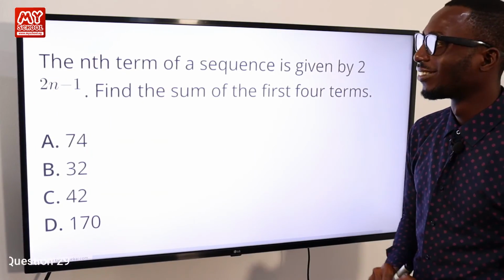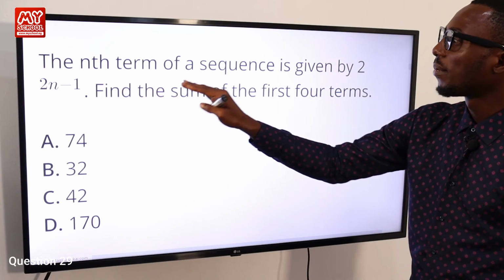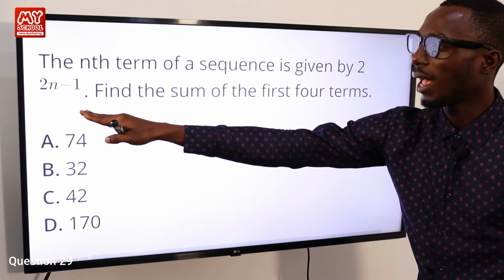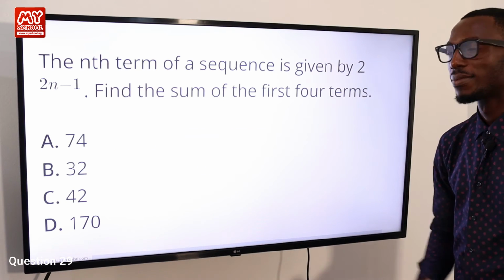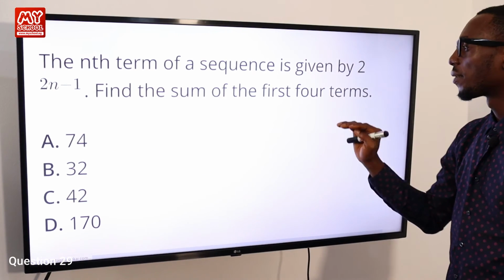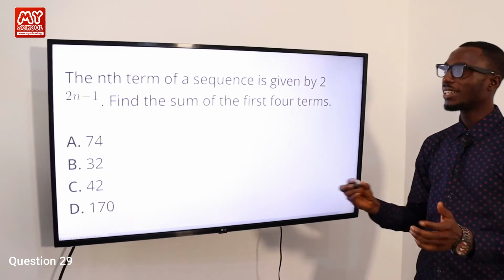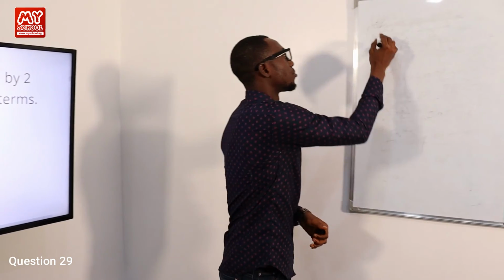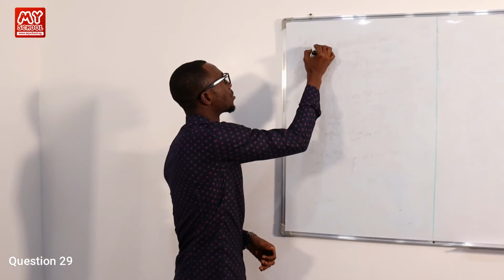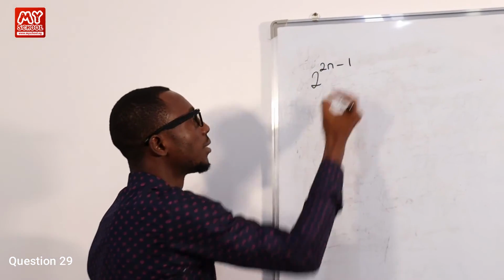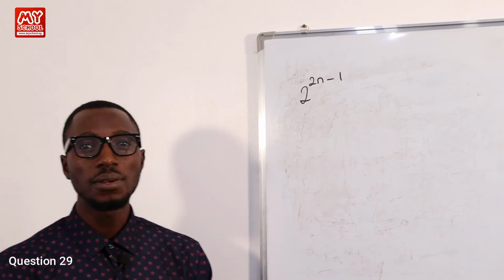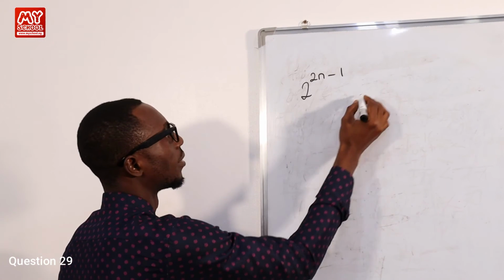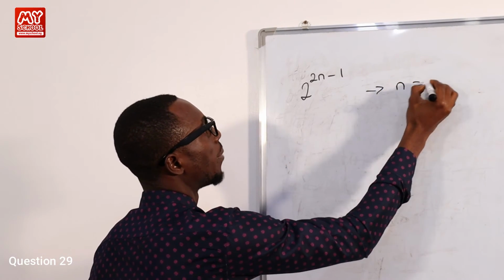Question 29. The nth term of a sequence is given by 2 raised to power 2n minus 1. Find the sum of the first 4 terms. So the nth term is given as 2 raised to power 2n minus 1. And we're required to find the first 4 terms. So the first term will be represented by 1.